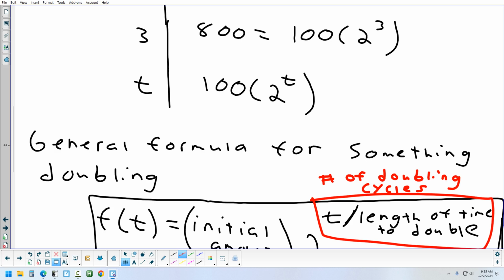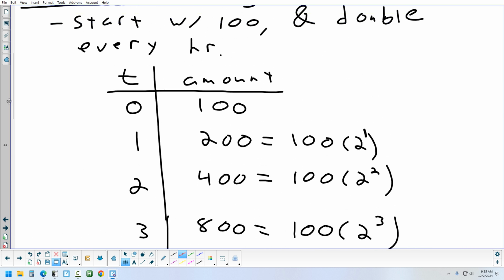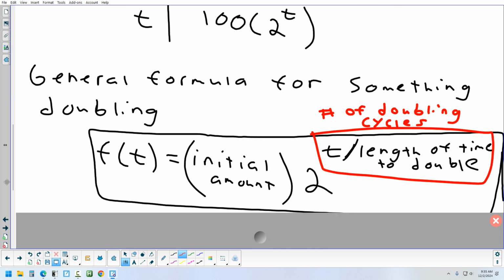And to figure that out, you take how much time has gone by, like 15 hours, and divide by how long it takes to double. So 15 divided by 5 would give you 3. The only time that it'll come out exactly the same as the time is if something's happening every 1 unit. Then dividing by 1 won't change anything.